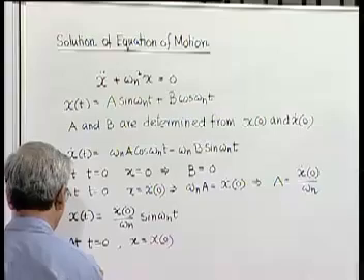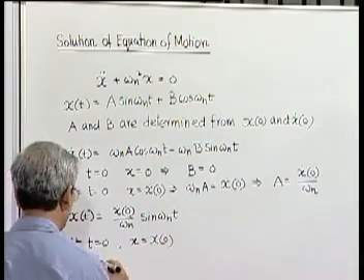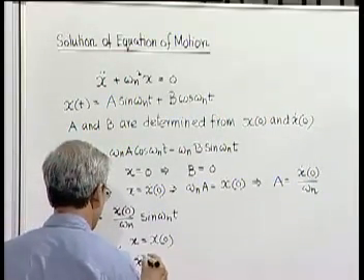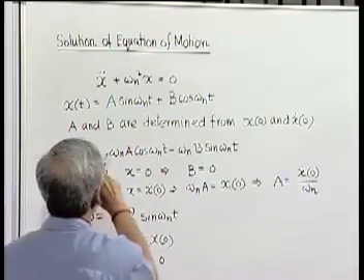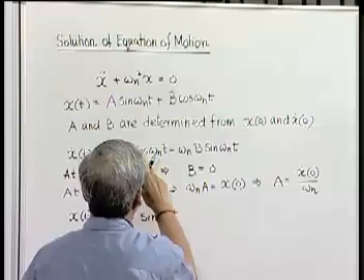And at t is equal to 0, x dot equal to 0.